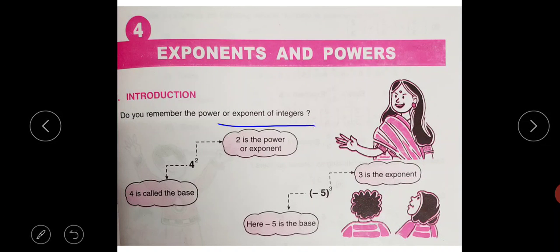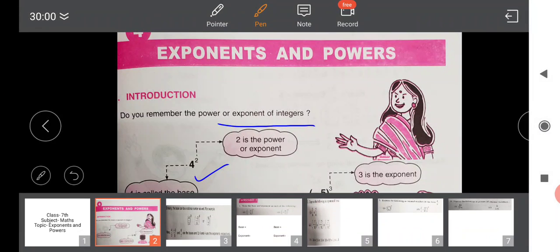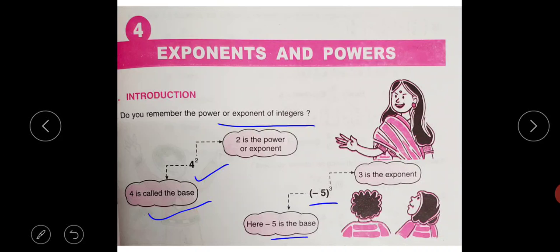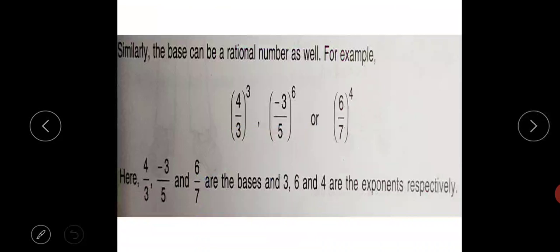For example, 4 square. Here 2 is the power or exponent and 4 is called the base. Similarly, in -5 cube, 3 is the exponent and -5 is the base. Similarly, the base can be a rational number as well.